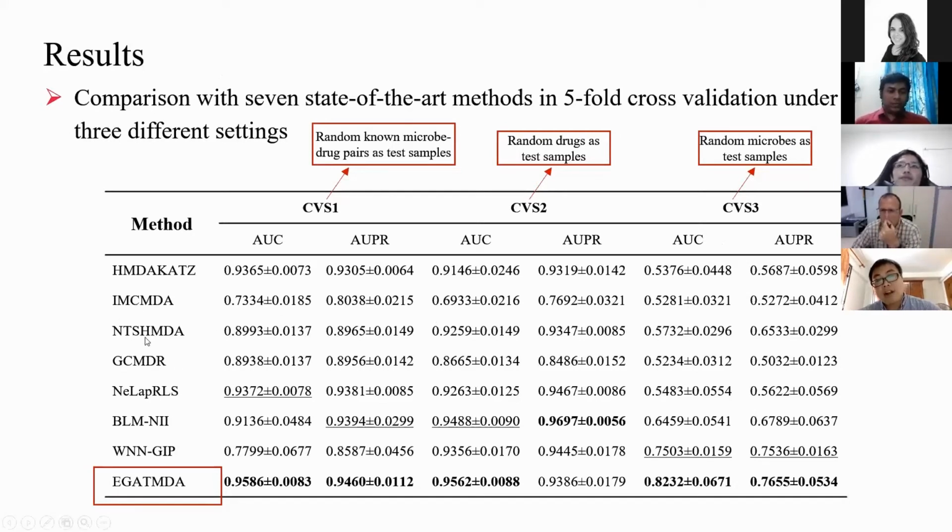Based on the evaluation, we can see that our proposed EJTMDA model performs the best under CVS 1 and CVS 3. For CVS 2, EJTMDA performs the best in terms of AUC, while the AUPR is relatively worse than that of BLM NII.